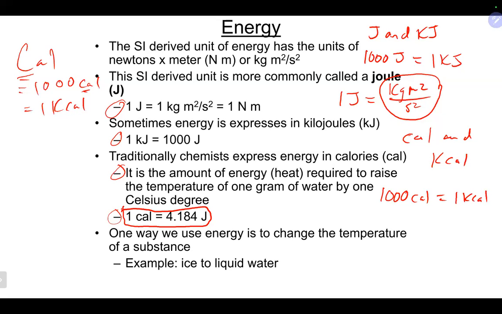So one way that we use energy is to change the temperature of a substance, ice to liquid water. Obviously, as we heat it, we're supplying energy, and the water will gain a lot more energy. We see that reflection of the change in energy through temperature, right? Temperature starts to go up.